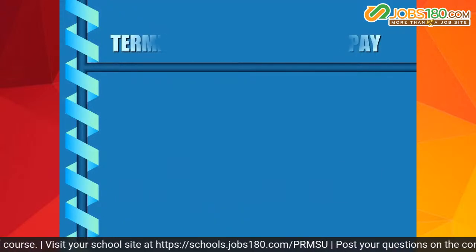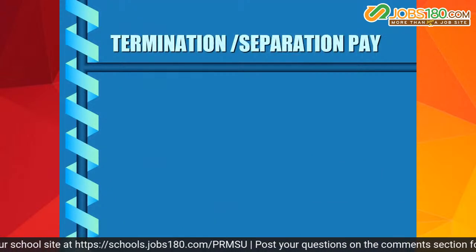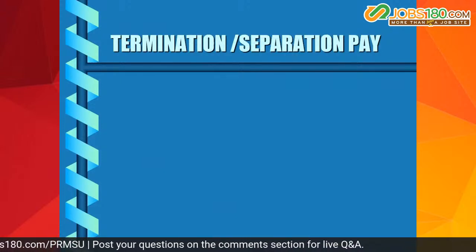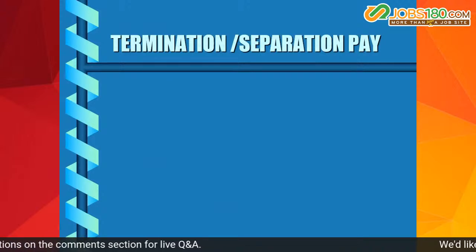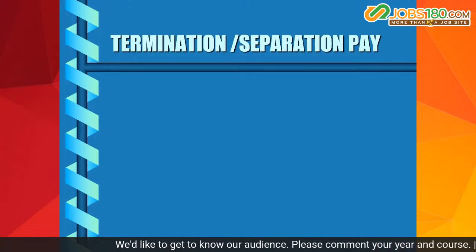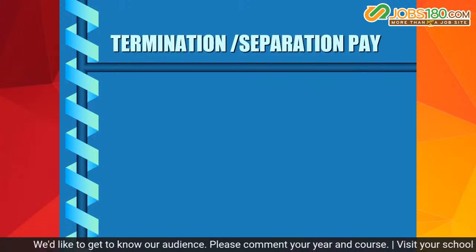Separation pay. Separation pay is given to employees in instances covered by Articles 298 and 299 of the Labor Code of the Philippines. An employee's entitlement to separation pay depends on the reason or ground for the termination of his or her services.